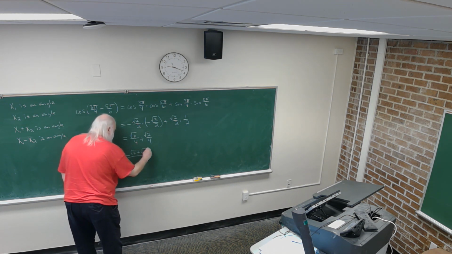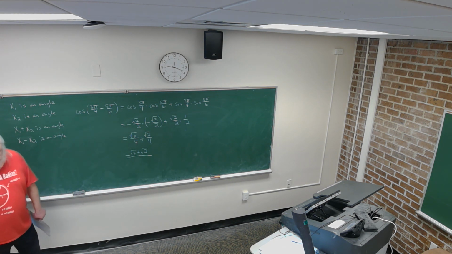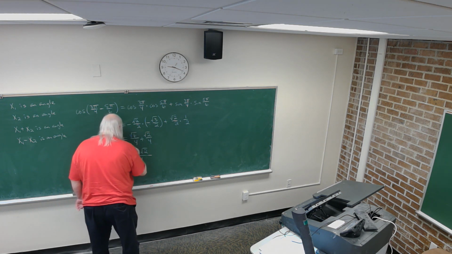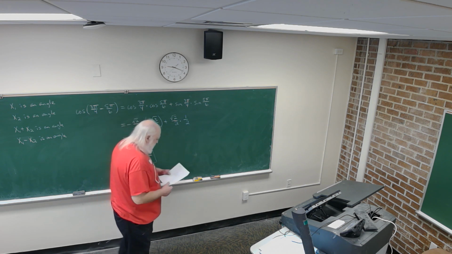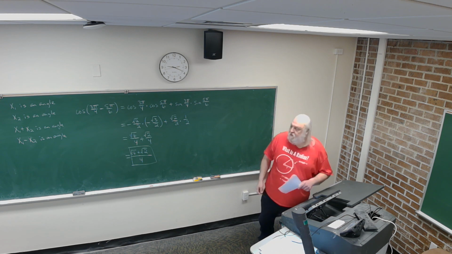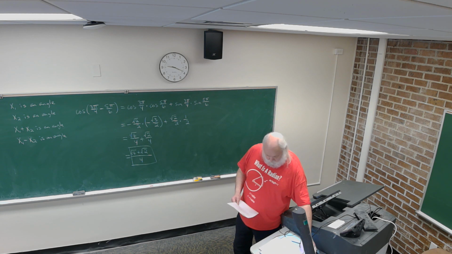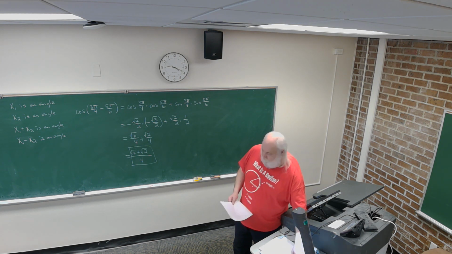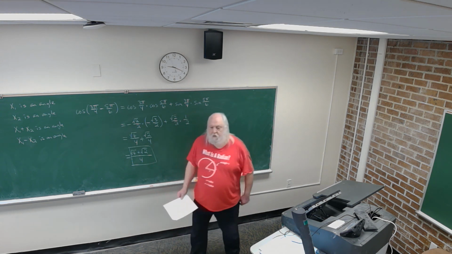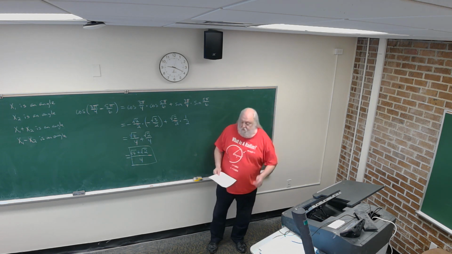Now you cannot do anything with square root of 6 and square root of 2 except add them together over the common denominator of 4. Any questions on that, ladies and gentlemen? So that's the example of sum and difference.